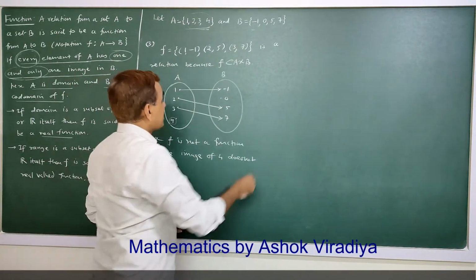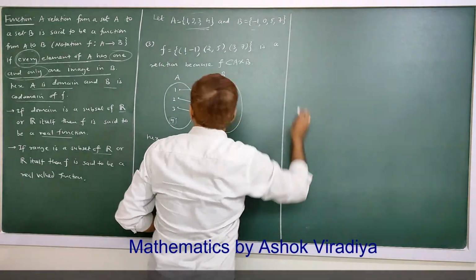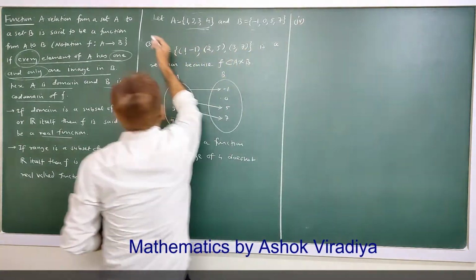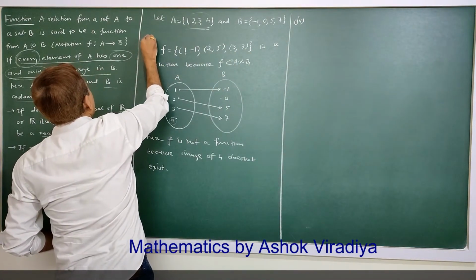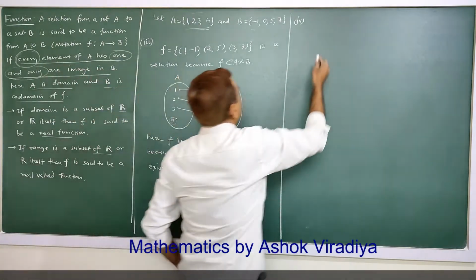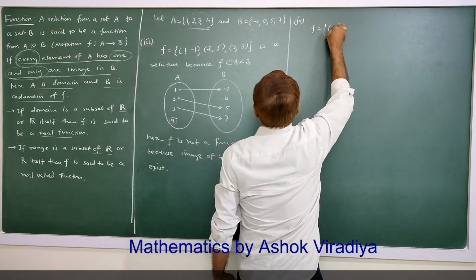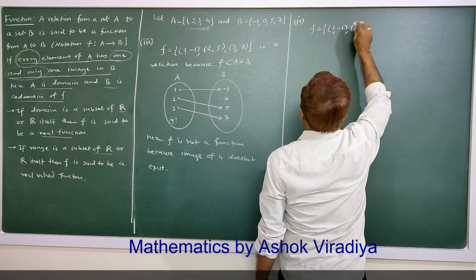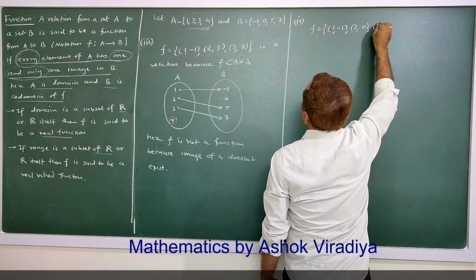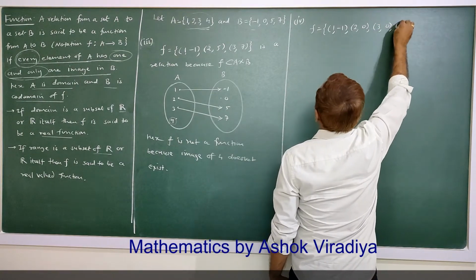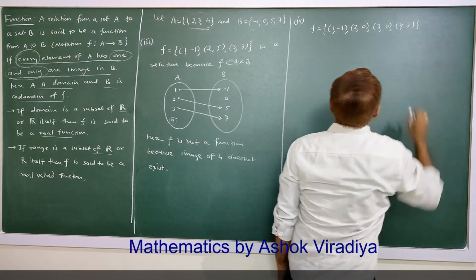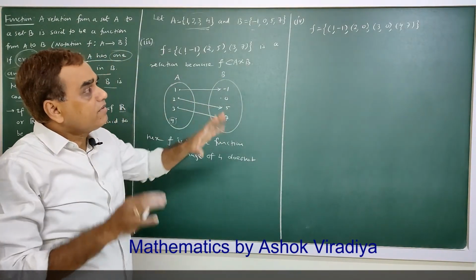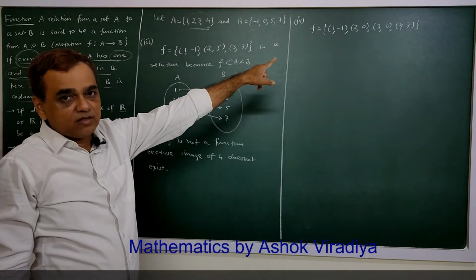Let us take one more example. Suppose f equal to: image of 1 is -1, image of 2 is 0, image of 3 is 0, image of 4 is 7. See, without a diagram we can check in this relation.